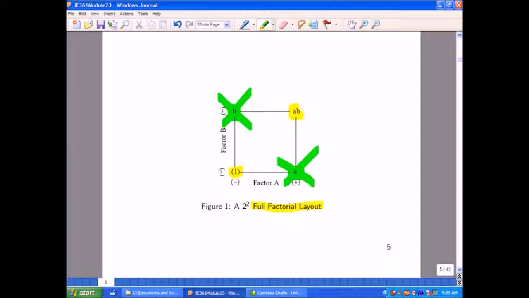Now if I started not by considering 1, this combination down here in this lower left corner, but I'd started with either A or B, I would have highlighted in yellow the other diagonal.